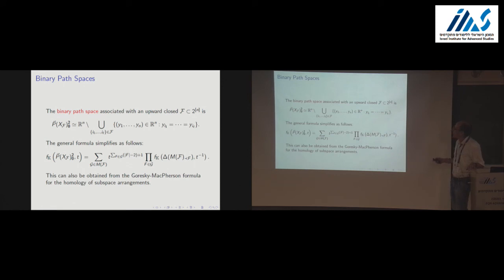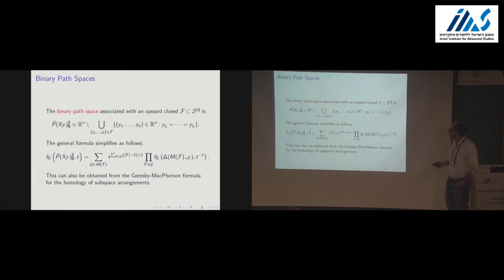One can also look at binary path spaces, which turn out to be objects that had been studied before. If you have still an arbitrary hypergraph on 2 to the n, you can remove from R^n all points where y_{i1} equals y_{il}, where i1 to il is a member of the hypergraph.